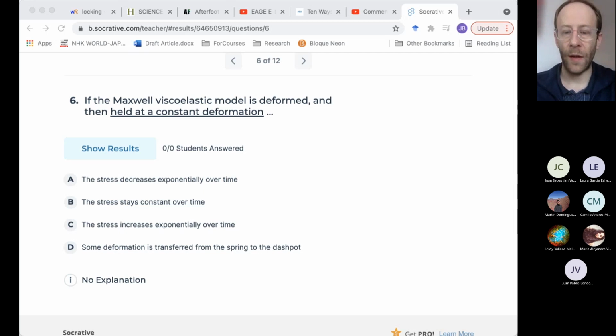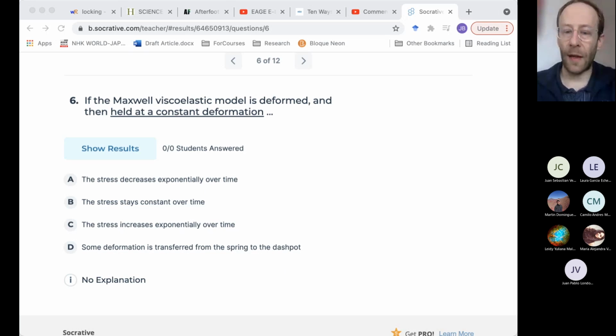So you will have all of the deformation inside of the spring. But you know that when there is some stress, there is going to be some deformation inside of the dashpot. It just doesn't happen instantaneously.